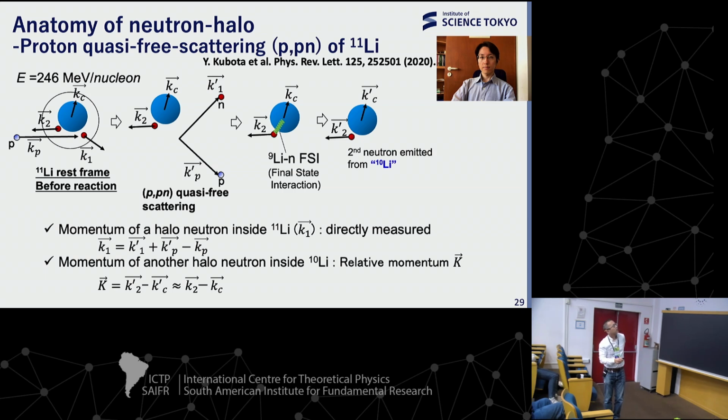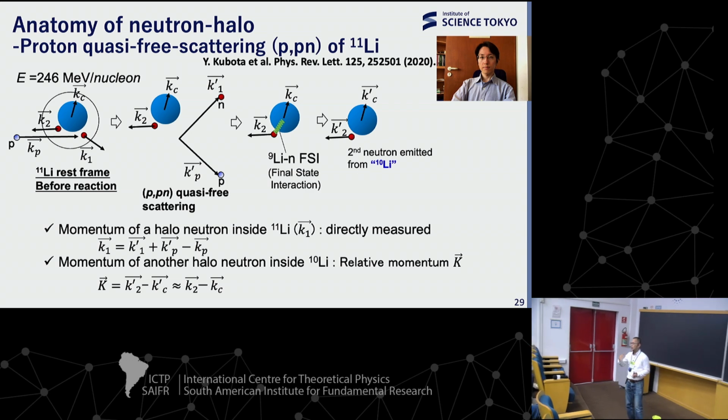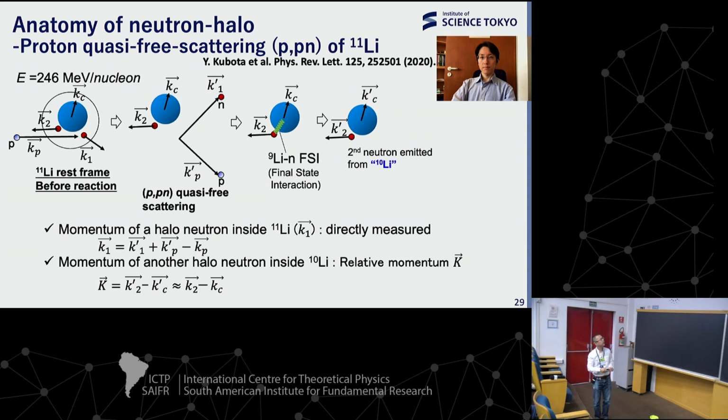This experiment was already published here, so you can have a look also. In this experiment, we used proton quasi-free scattering, the so-called (p,pn) reactions. So this is an even more advanced version of this momentum distribution measurement.